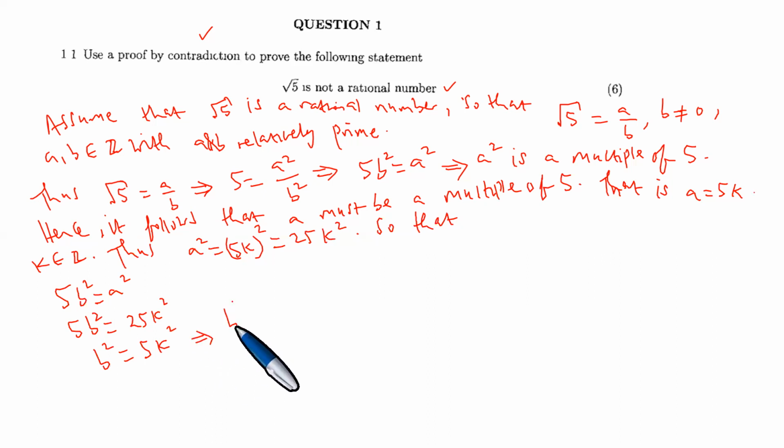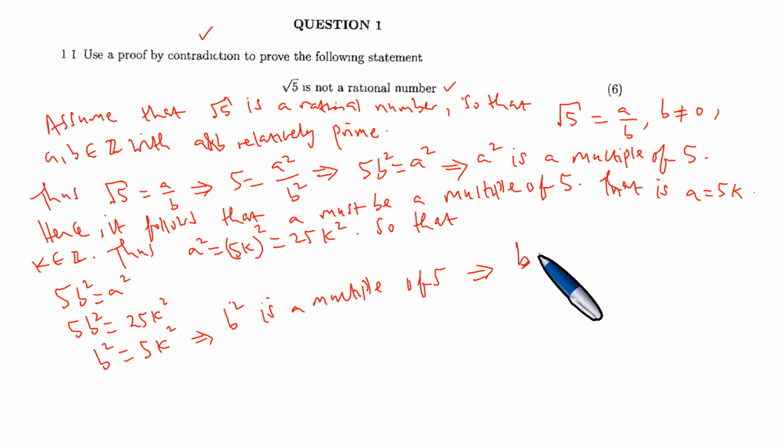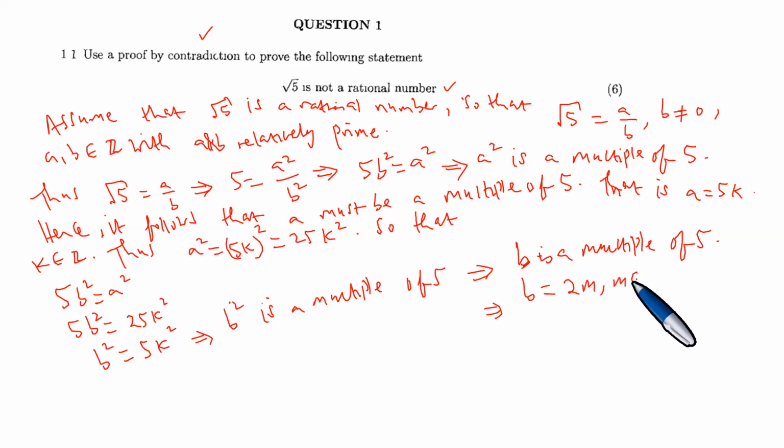And this means that b squared is a multiple of 5, and this means that b is a multiple of 5. B a multiple of 5 means that b is equal to some 5m where m is an integer.